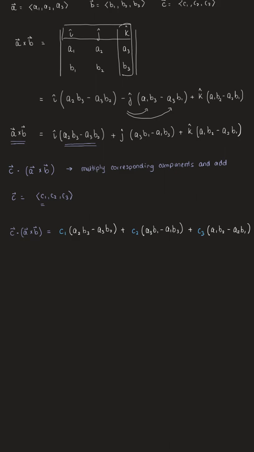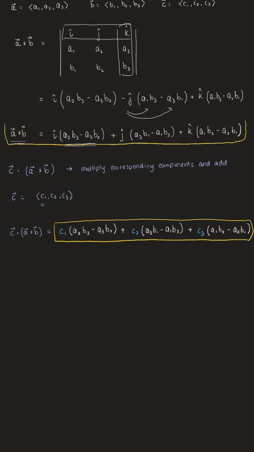Now, here's what I would like you to focus on. I want you to compare our finding here when we did the dot product, I'm not distributing just yet, between C and A cross B, and how we wrote the cross product of A and B. The only difference between the way these two are written is that instead of I, J, and K in the cross product, we have C1, C2, C3 in the dot product. What does that mean?